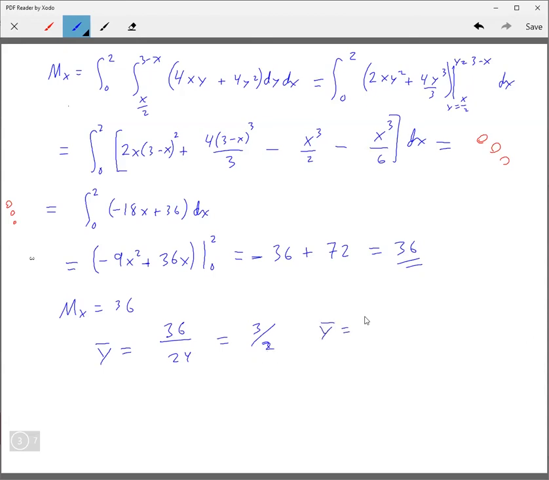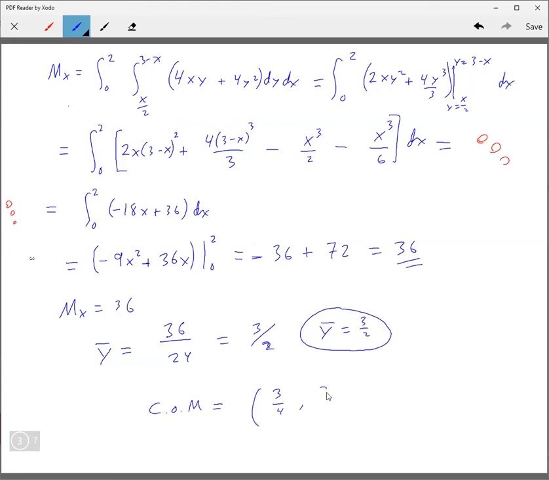Okay, so the center of mass, the x-coordinate, we previously know that the x-coordinate was 3/4, right? Yes, 3/4.